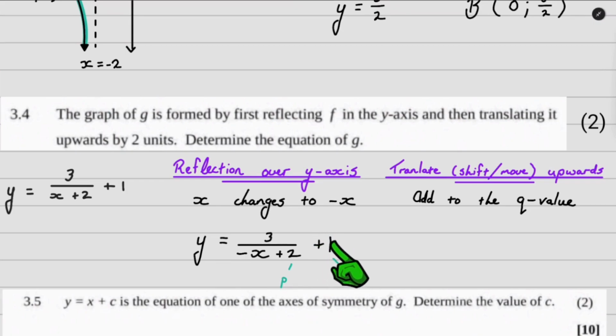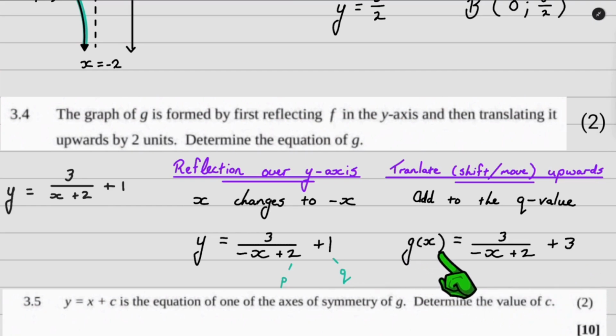So I'm just going to add 2 to this number, and I get 3. And then my job is done. That's g of x. That's the new graph after the transformations. So you get 1 mark for this reflection, and 1 mark for this translation, and the new equation of the graph. So transformations are not too bad if you know your little rules and where p and q are.